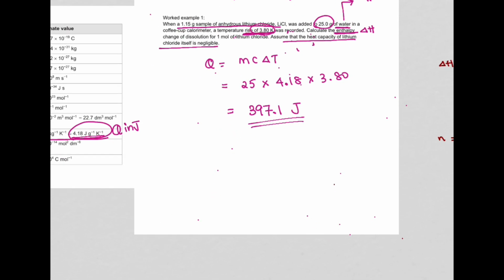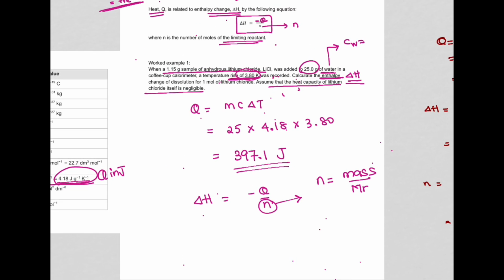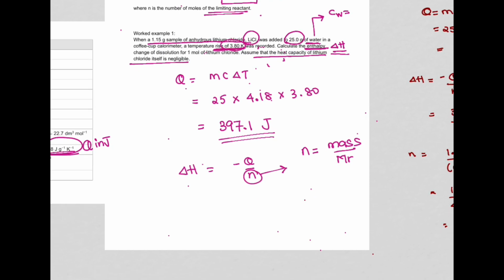Now I need to find enthalpy, delta H. Now delta H is going to be minus Q divided by N. N is number of moles. How do I find number of moles? Number of moles is mass over Mr. Now, what substance is involved here? It's lithium chloride. So then I can find Mr of lithium chloride.